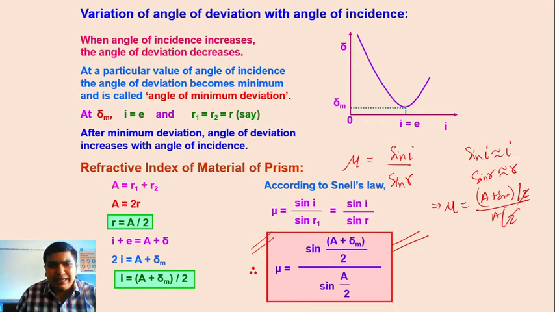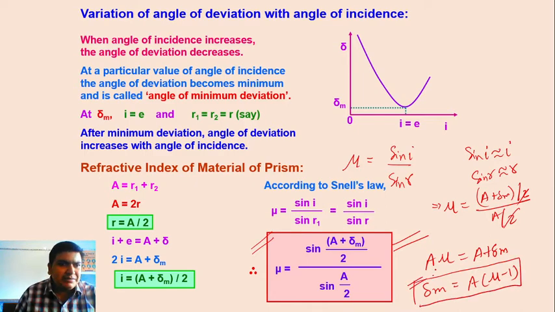The 2 and 2 cancel, and we get A times mu equals A plus delta m, so the minimum deviation angle delta m will be A times (mu minus 1). This formula is for a thin prism. If any problem asks you to consider a thin prism, you can use this formula.